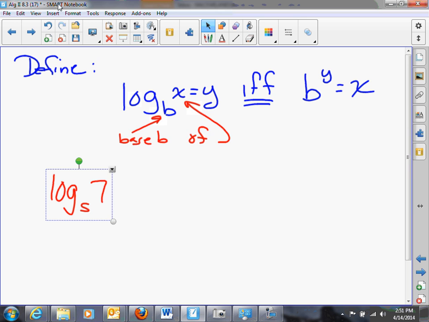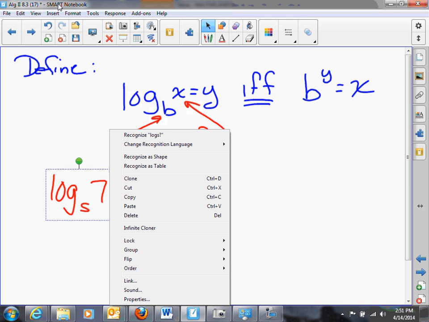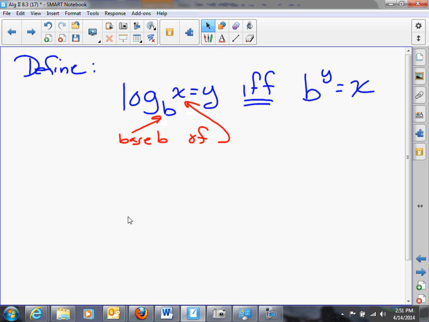Now, it's important to realize that the base number, the b down here, looks like a subscript on the g. You have to be careful how you write this. So when you have a logarithm, if you're writing a base, make sure that it's a subscript, and then the argument of the log, this x right here, is on the same level and size as the letters log.